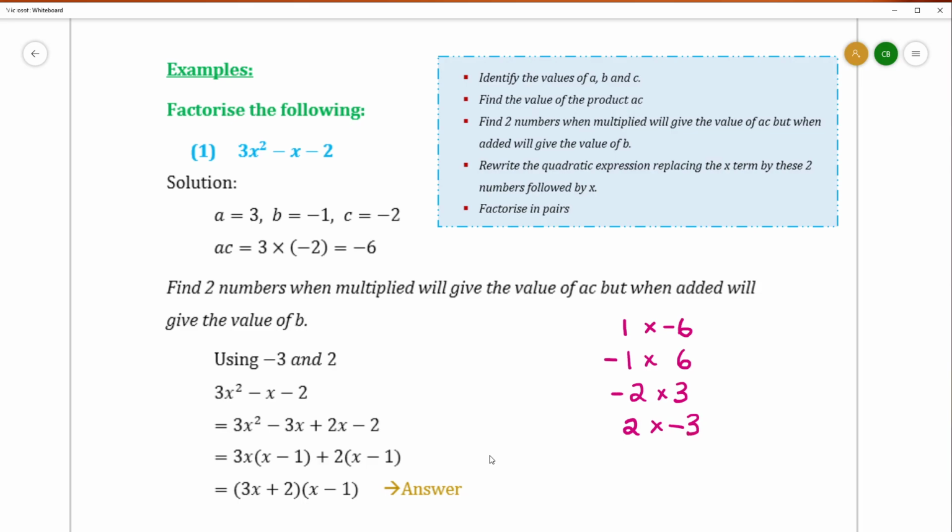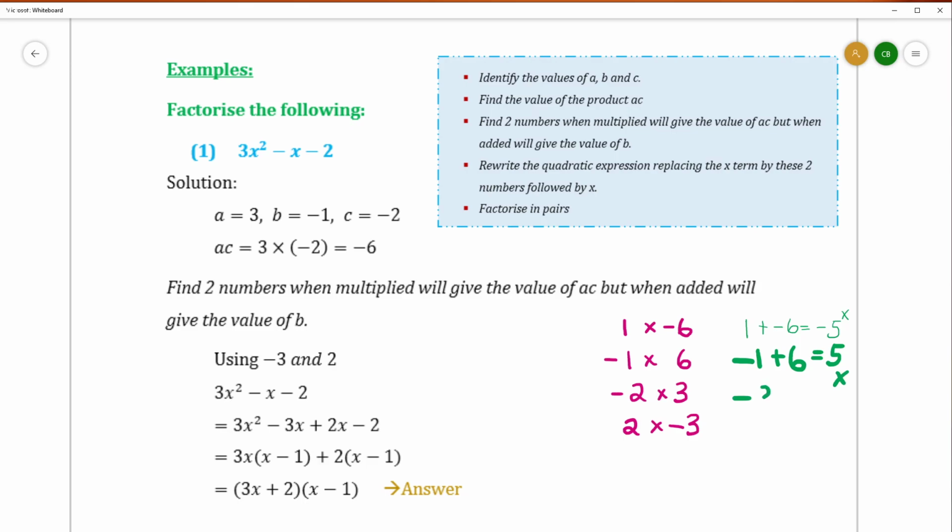Now the second part of the criteria would be when added they give the value of b, which is minus 1. So when we add these two numbers we need to get minus 1. So 1 plus minus 6 gives us minus 5, so this one is not it. Then we have minus 1 plus 6, which gives us 5, so this one is also not it.